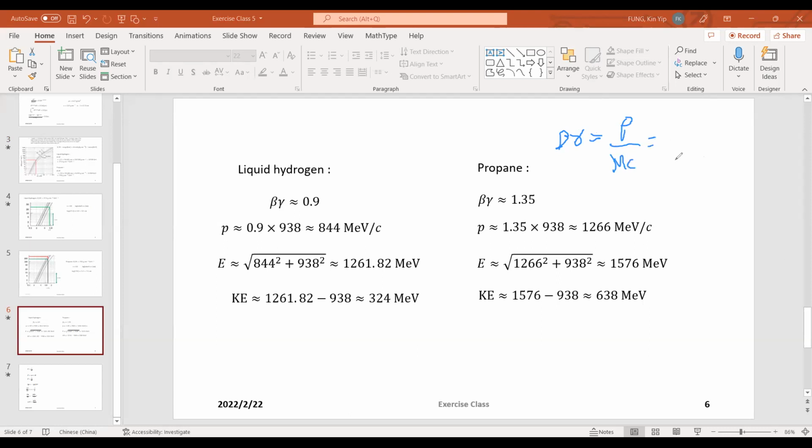And you can just multiply C, so beta gamma times mc squared will just be PC.